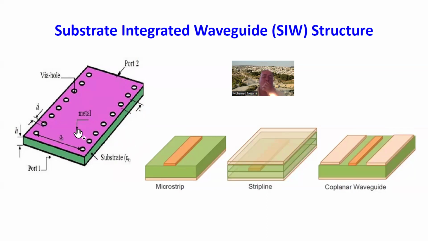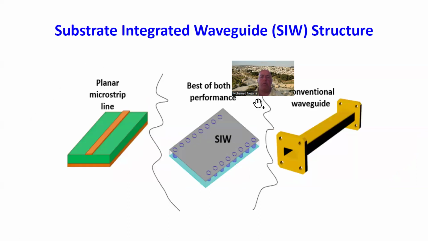Now, why do we go from here, as opposed to going through these? There are various reasons, namely trying to avoid radiation and trying to avoid different modes, the quasi-TEM mode scenario, and so forth. You can refer to those in the textbooks or Google some basic paper on the substrate integrated waveguide as opposed to other forms of printed transmission lines.